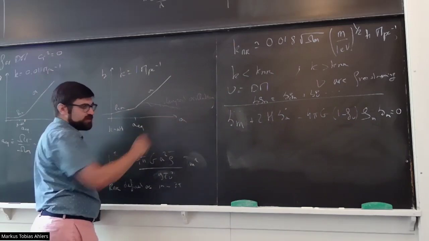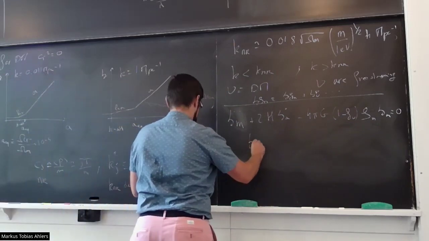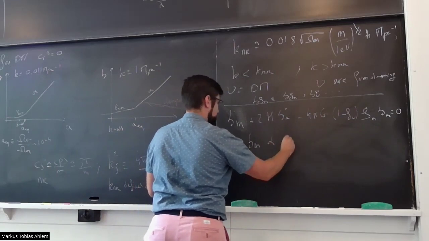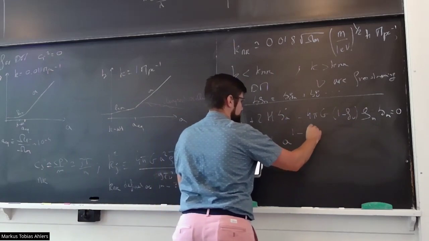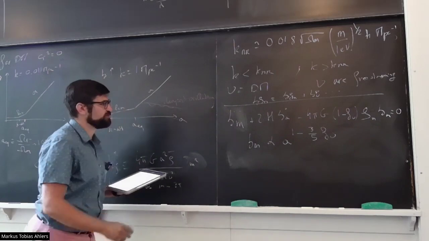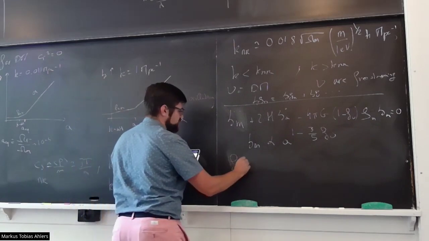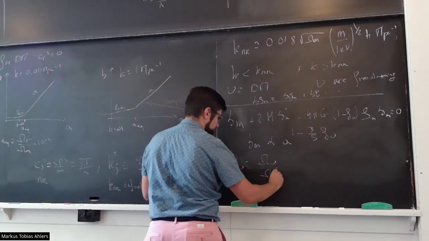And if you solve that equation, you find that the solution for delta m is now proportional to a, still to a, but to the power of 1 minus 3/5 f_nu, where f_nu, which I should have defined, is the ratio of omega_nu over omega_matter, or rho_nu.